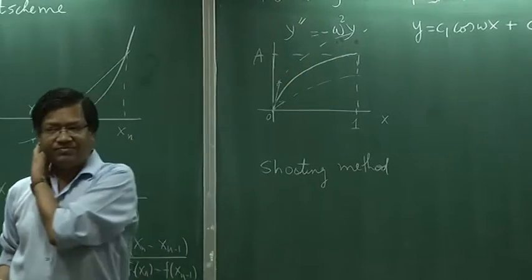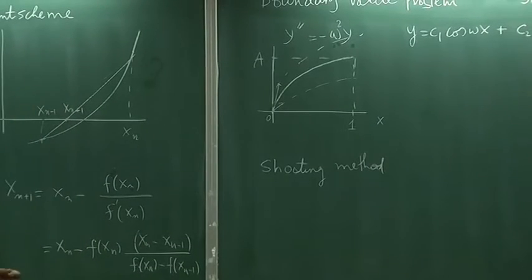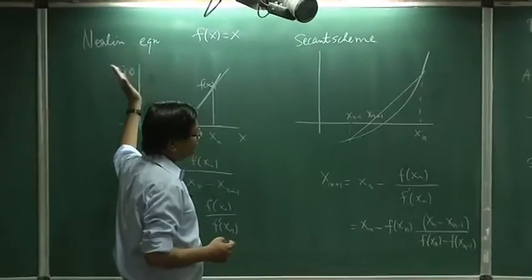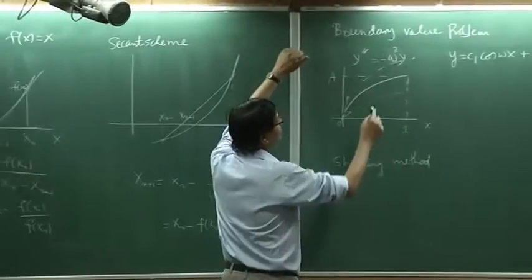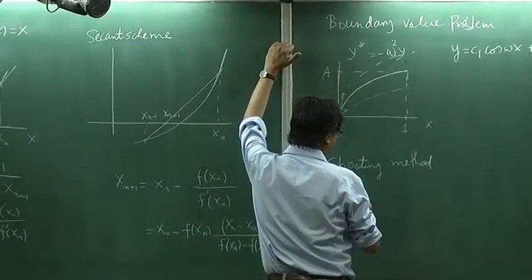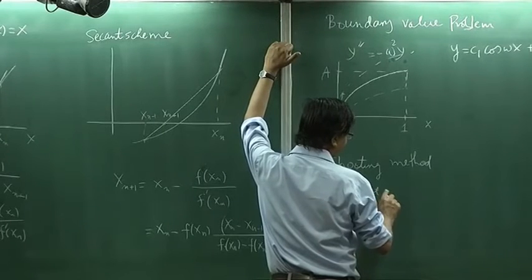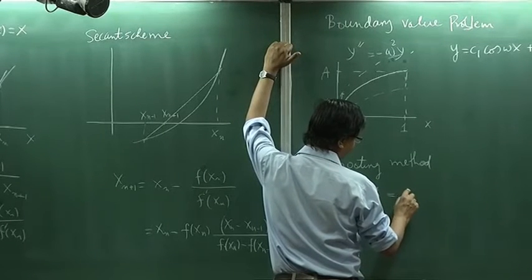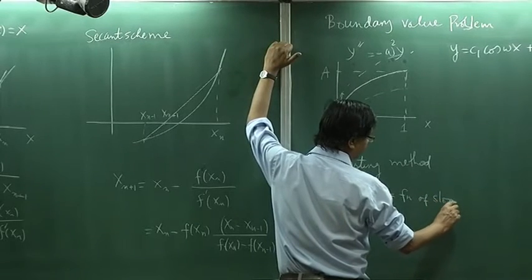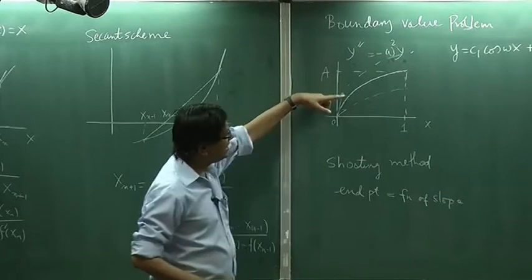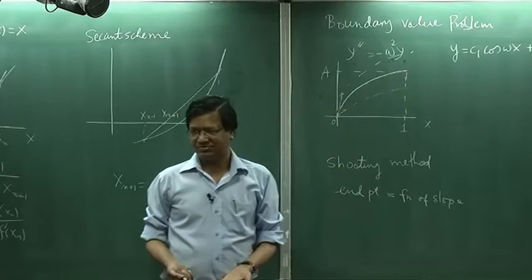So what is the idea? The idea is to use nonlinear equation solution. This is my end point. The end point is a function of slope. So I have to find a slope which will take me to the end point equal to 1. That is the idea.